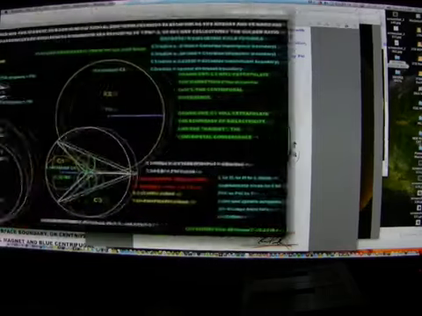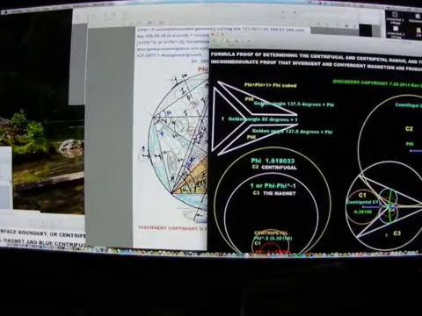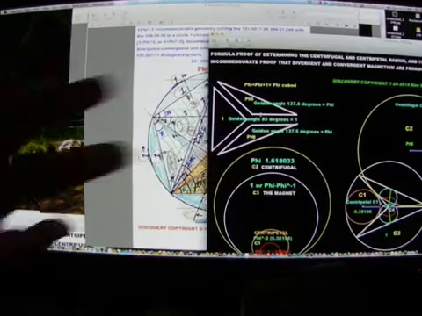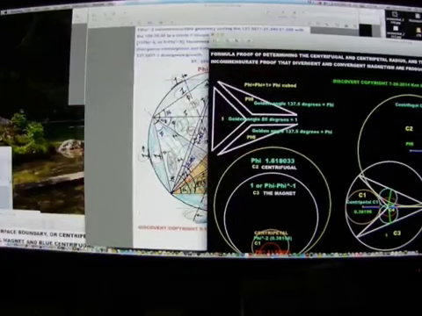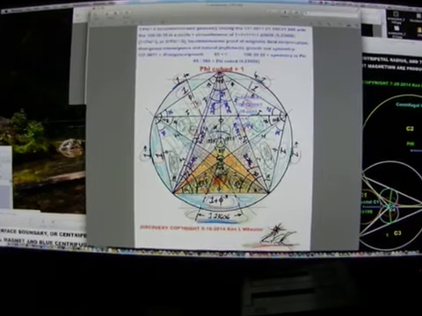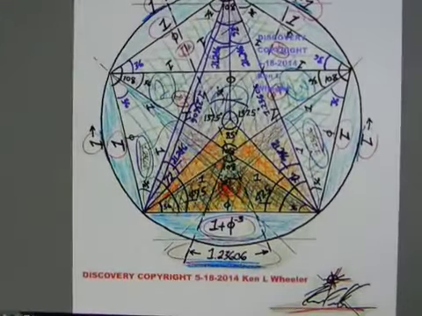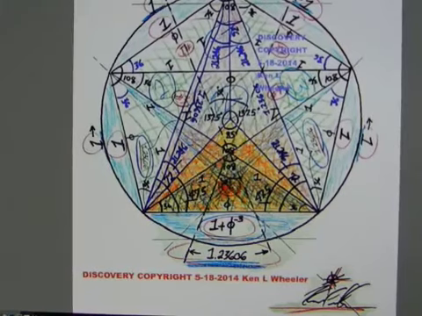Which ties in with our formula over here. You can see the exact same thing over here, 137.5077, right here. All you have to do is turn this vertically, and you will see the 137.507 here in red and in orange. Let me zoom in just a little bit. This is what took me 4 years to prove.